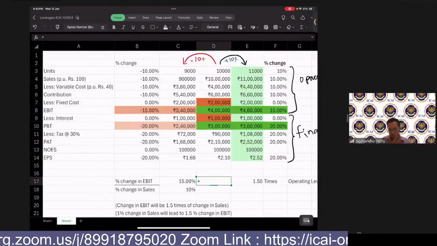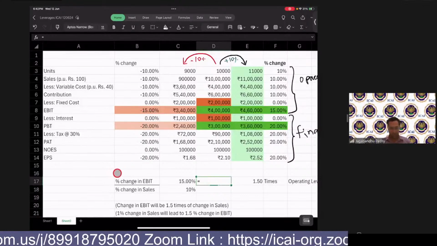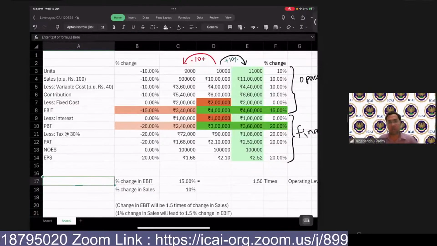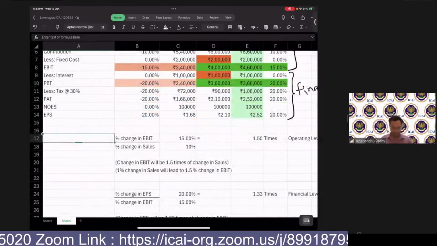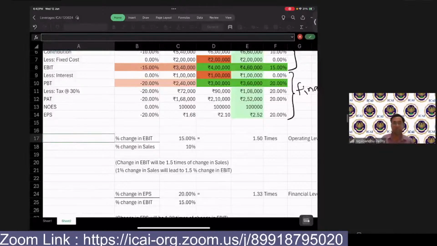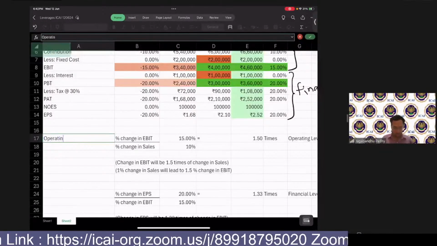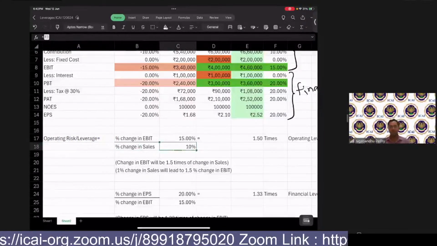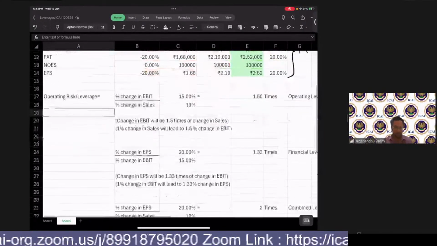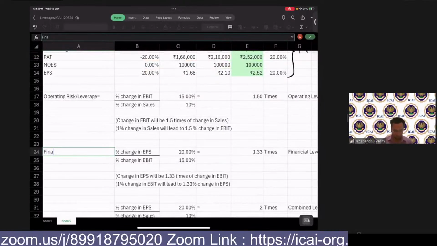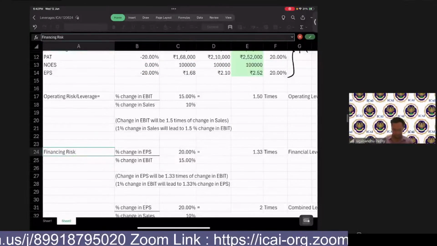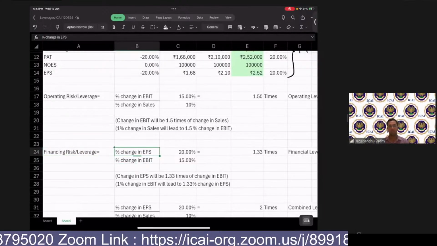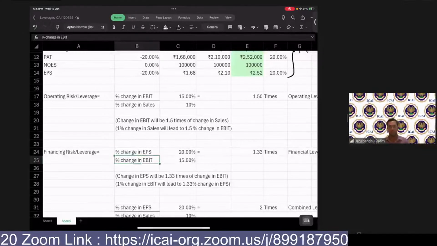Okay. So therefore, we say that leverage is nothing but good as well as bad, but it's the risk. It's a measure of your operating risk. As far as financing risk or leverage is concerned, it is computed in this way: percentage change in EPS upon percentage change in EBIT.